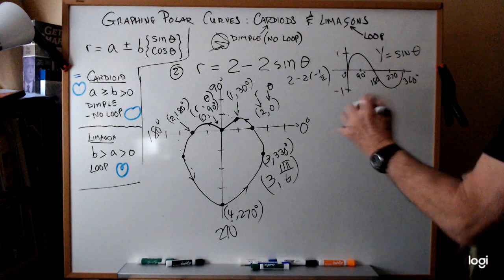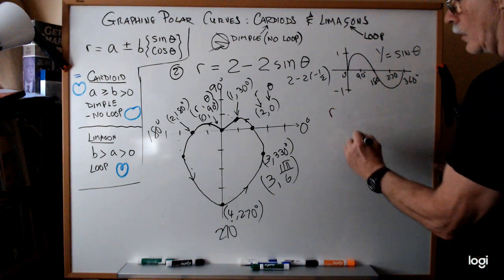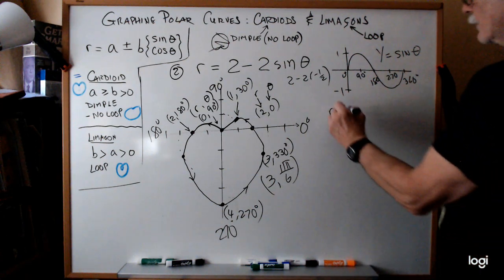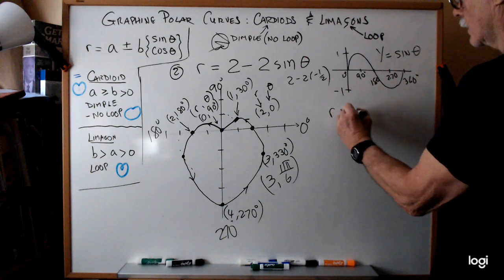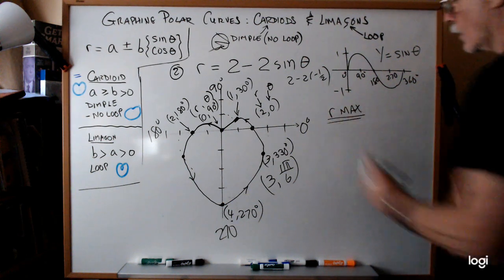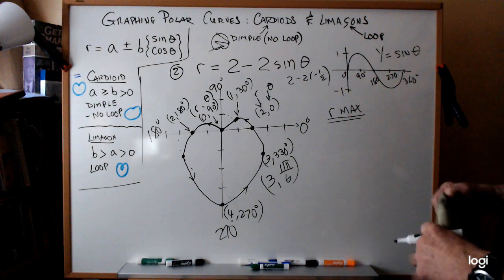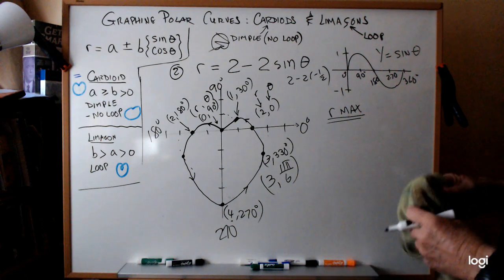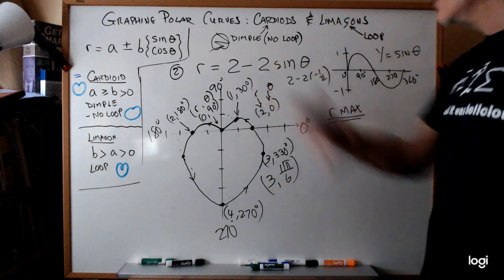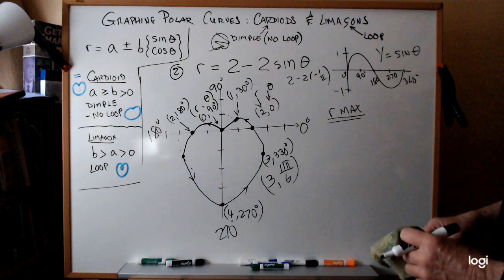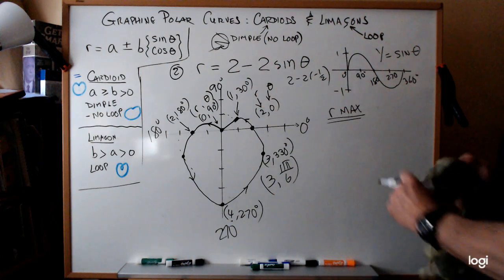All right, so let's look at R maximum. R is the greatest when this is a 4. And when is that a 4? That's a 4 at 270 degrees.